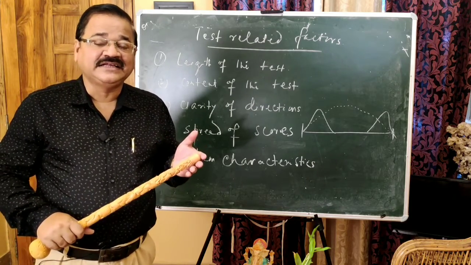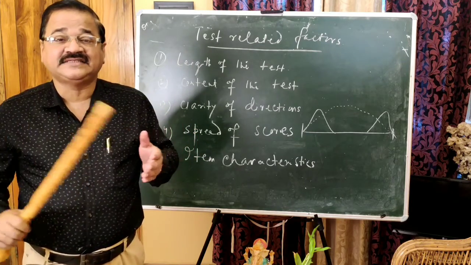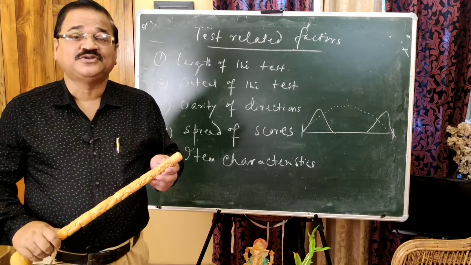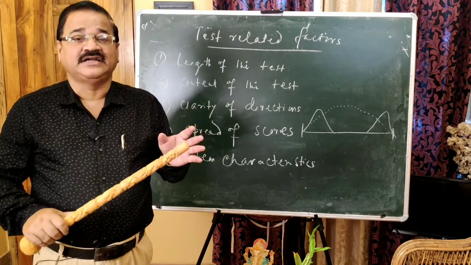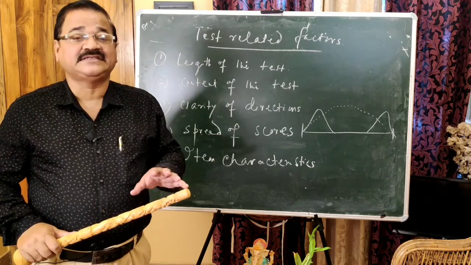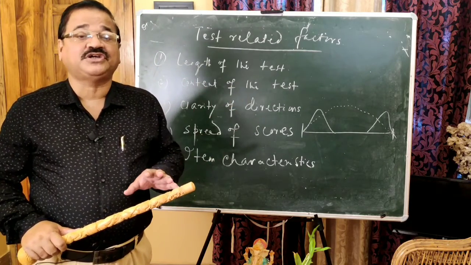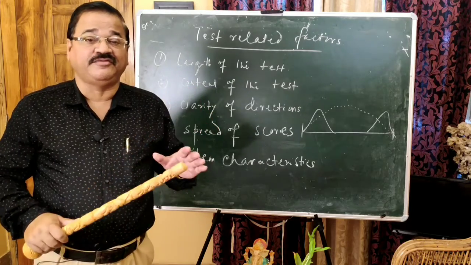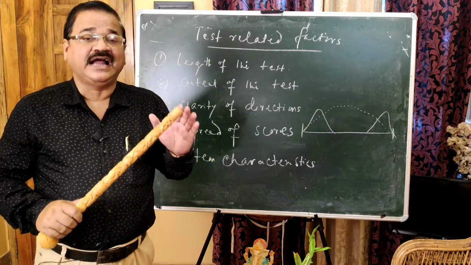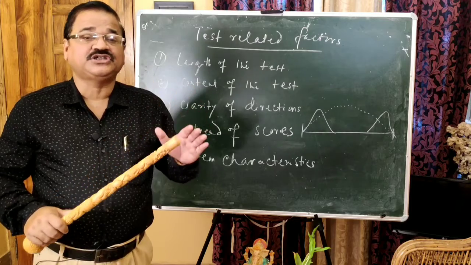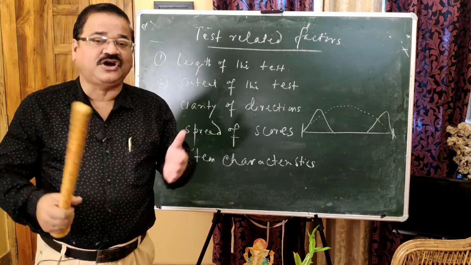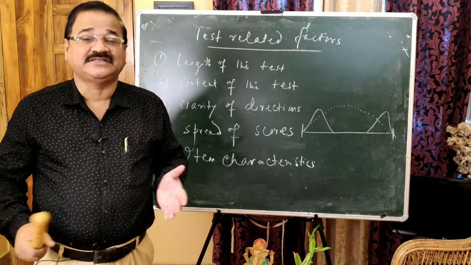For validity, there are different content areas, there are different objectives of instruction. So your test must cover all the content areas, all the objectives of instruction. Your test should be the true representative of the content areas and the instructional objectives. So, if it becomes too short, it cannot cover all areas.